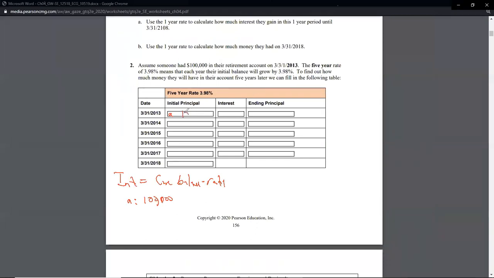So that's 100 grand. No math to figure that out. But this spot B, the amount of interest we earned for that whole year will be the $100,000 times the interest rate, which we said was 0.0398. So we take the $100,000 times the 0.0398.